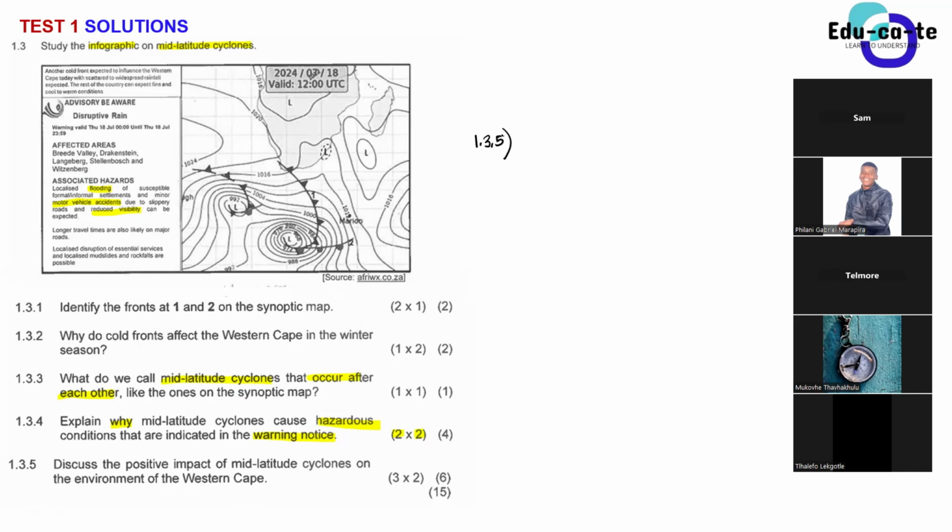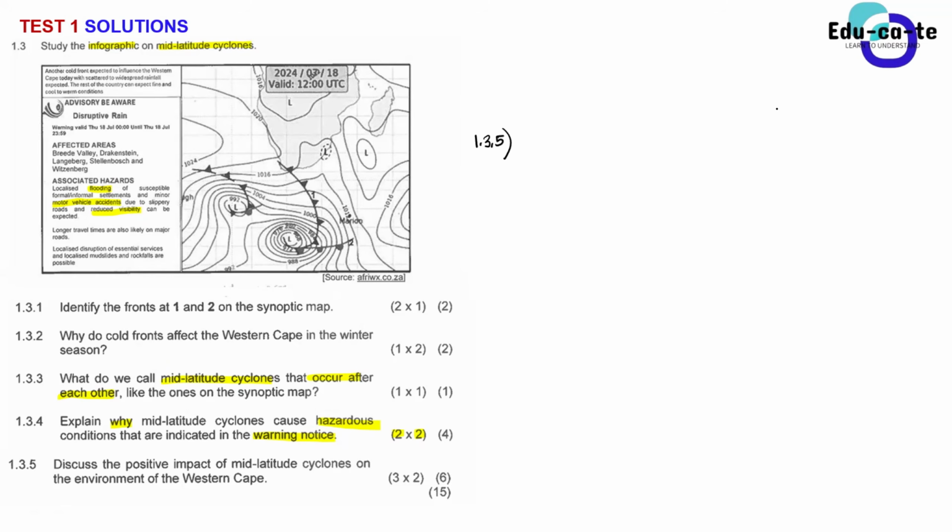Okay, sir. The answer for 3.5, it says, I think they will bring winter rainfall, which fills the dams and rivers. Okay, let's read the question first before we answer it, but you are right. Discuss the positive impact of mid-latitude cyclones on the environment of the Western Cape.